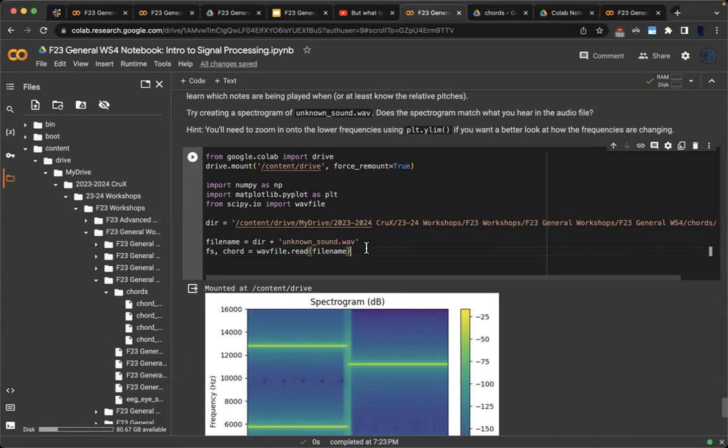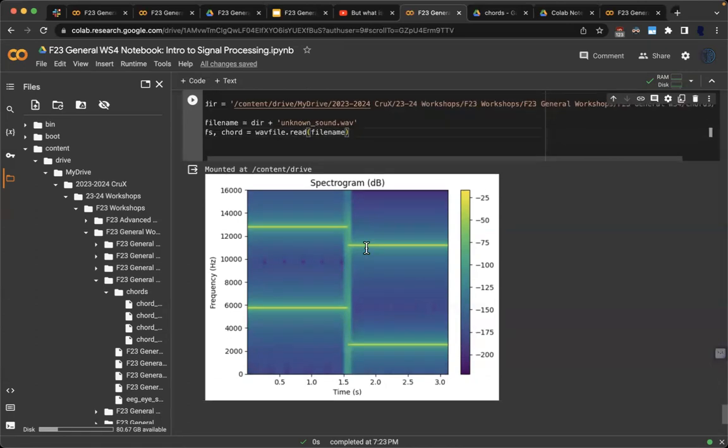Okay, feel free to keep working on that or work on it between now and next week and come back with a really cool graph and we'll give you something cool in return. Okay, that's it for our notebook.